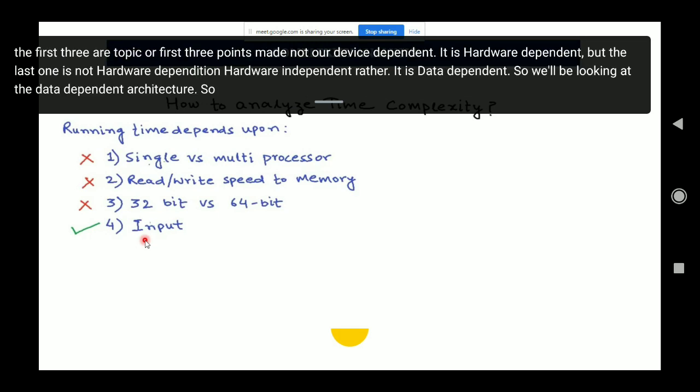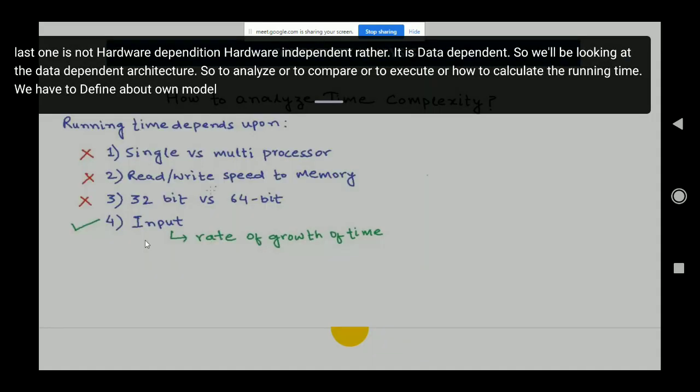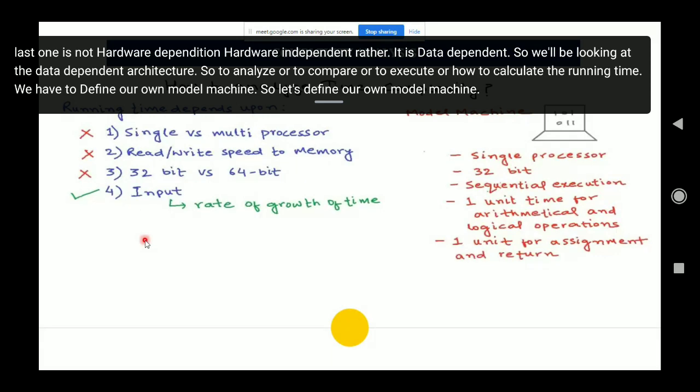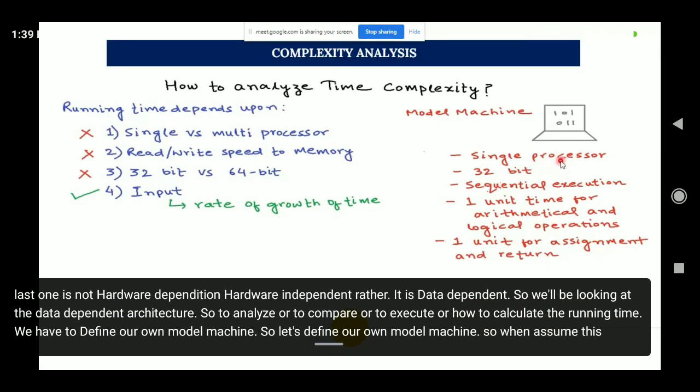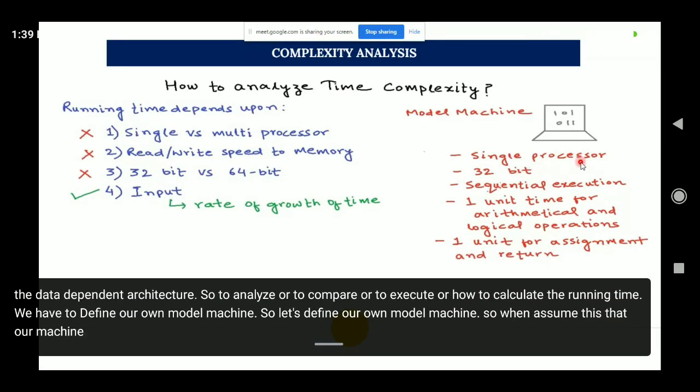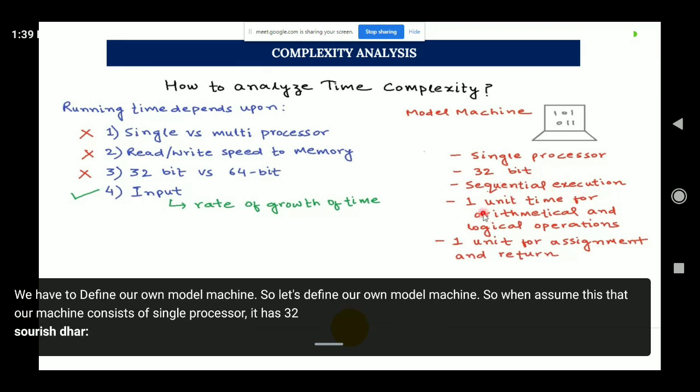To calculate the running time, we have to define our own model machine. So let's define it. We'll assume that our machine consists of a single processor. It has 32-bit architecture. It follows sequential execution, and it uses 1 unit of time for arithmetical and logical operations.